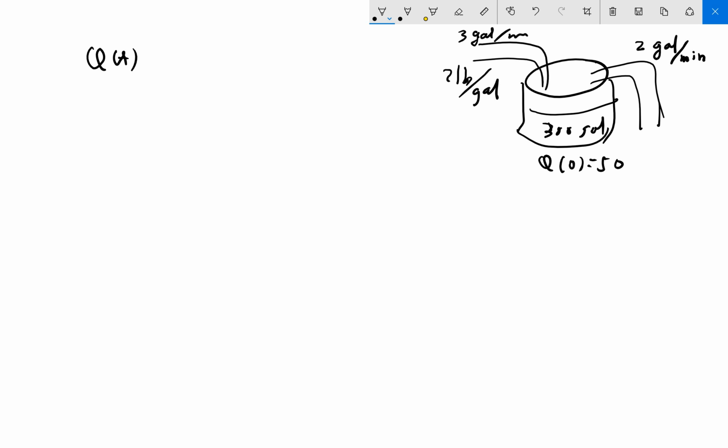So we're going to use the same formula, right? dQ/dt is equal to the rate of substance in minus the rate of substance out.